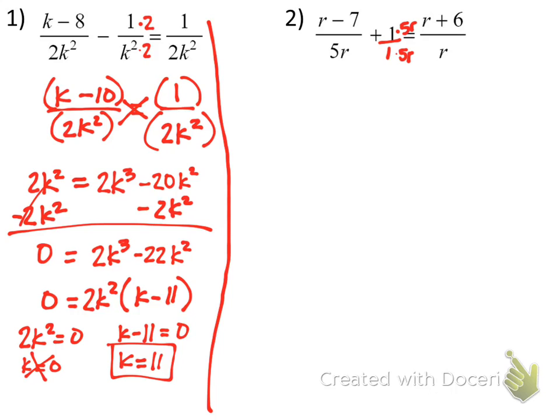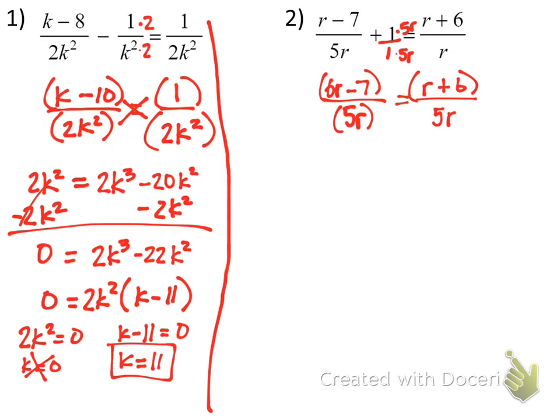So we get a new common denominator on the left-hand side of 5r. Numerator, we have r plus 1 times 5r is going to be 6r. We have negative 7. Bring that down. Okay, which is all equal to r plus 6 all over 5r. Okay, these are now all separate numerators and denominators.